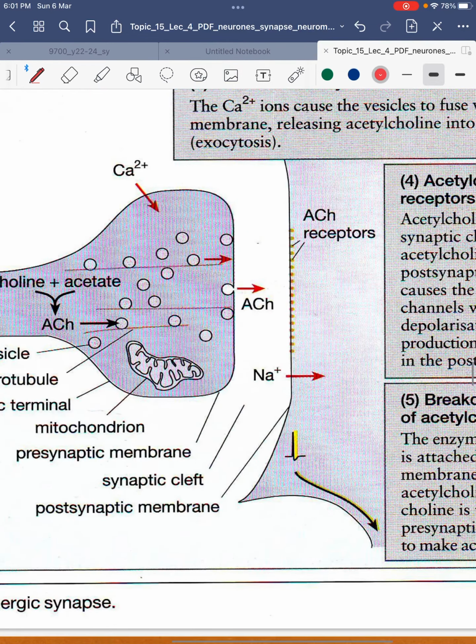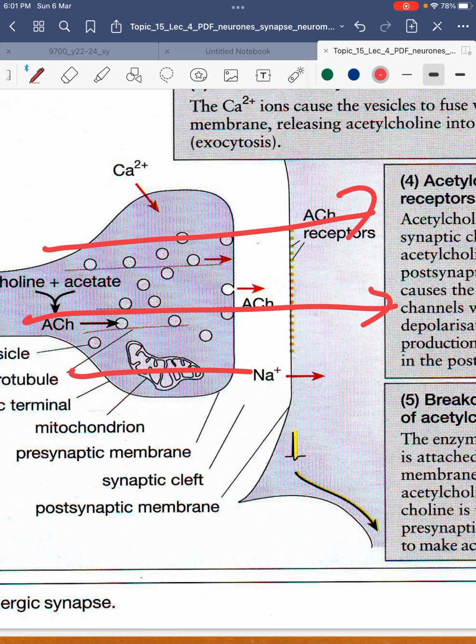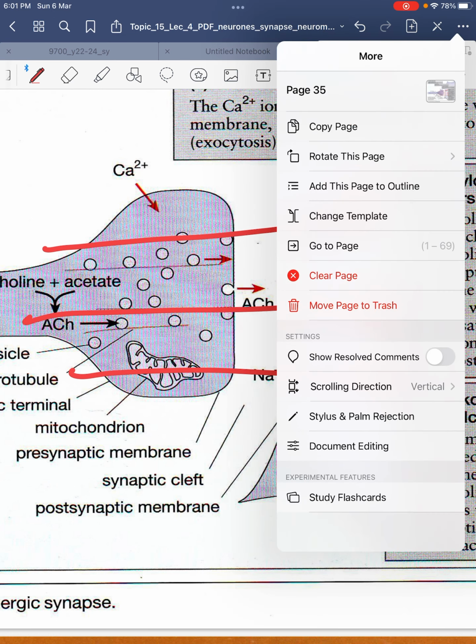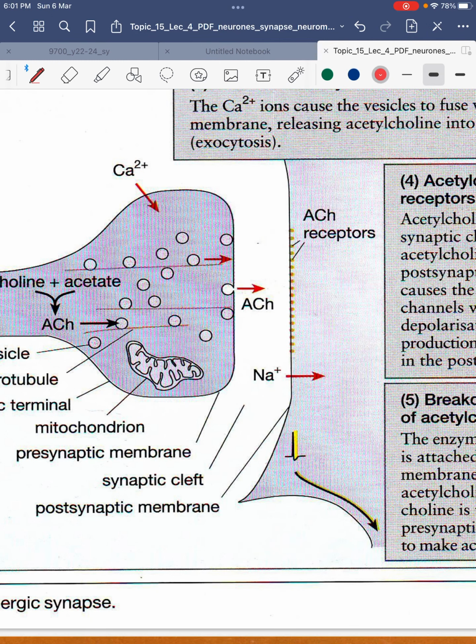Okay, so nerve impulse will only travel in this direction, yeah? In one direction. It cannot go in reverse. Why does it only go in one direction? Because the acetylcholine is produced in the presynaptic membrane, and the receptor for the acetylcholine is only found in the postsynaptic membrane.